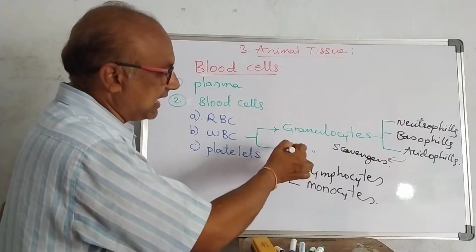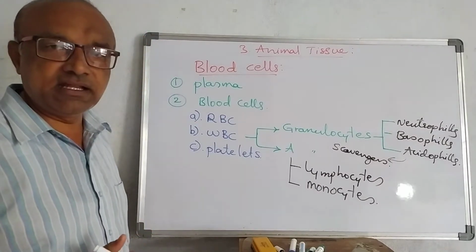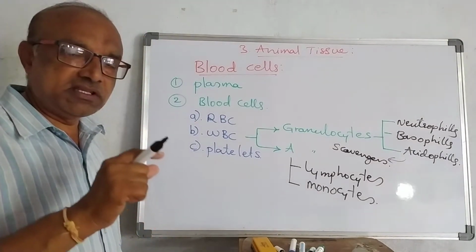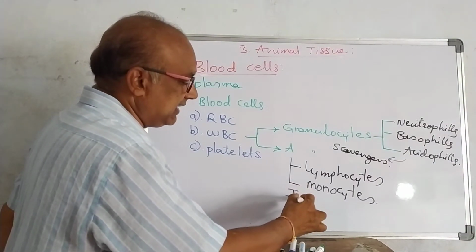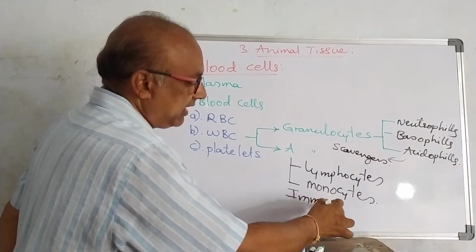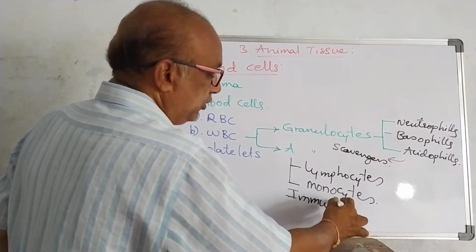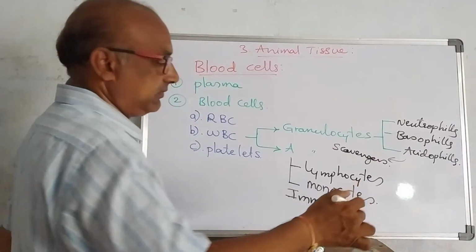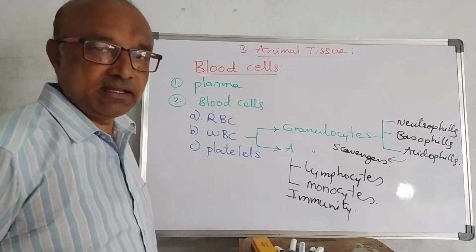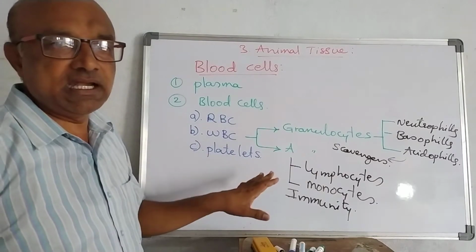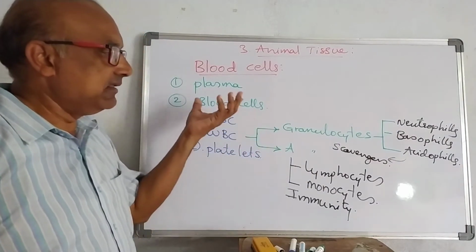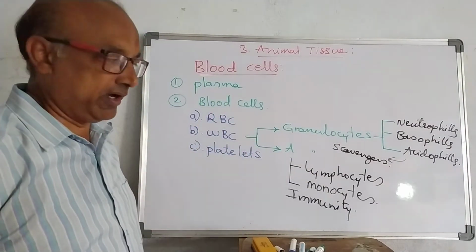So the agranulocytes also increase the capacity to resist a disease, that is called immunity. The immunity usually increases because of agranulocytes. And when a person suffers from HIV infection, the HIV virus first kills lymphocytes only. Then the way is cleared to attack and occupy the different tissues in our body.